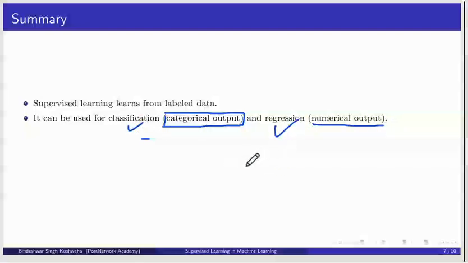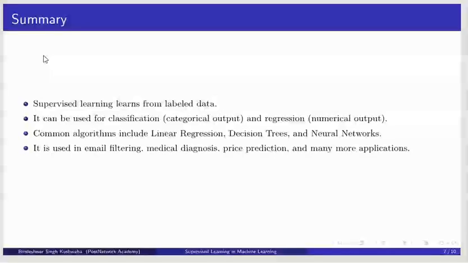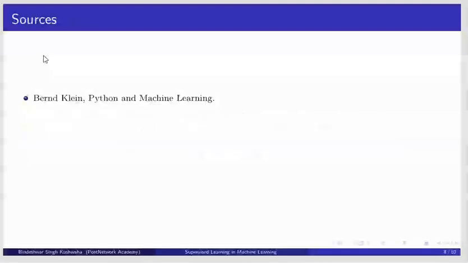So there are two types of supervised machine learning algorithms: classification algorithms and regression algorithms. I will make separate videos on both concepts. Common algorithms are linear regression, decision trees, and neural networks. It is used in email filtering, medical diagnosis, price prediction, and many applications.